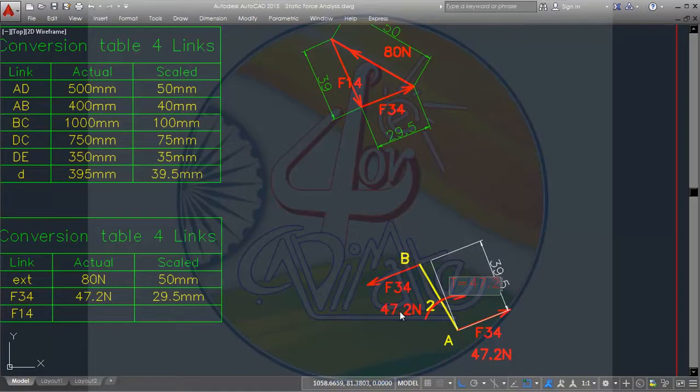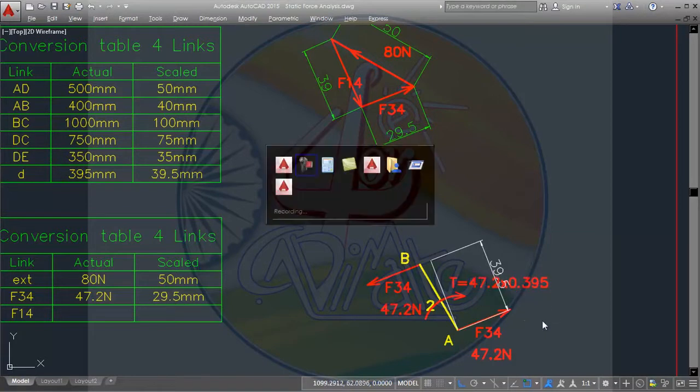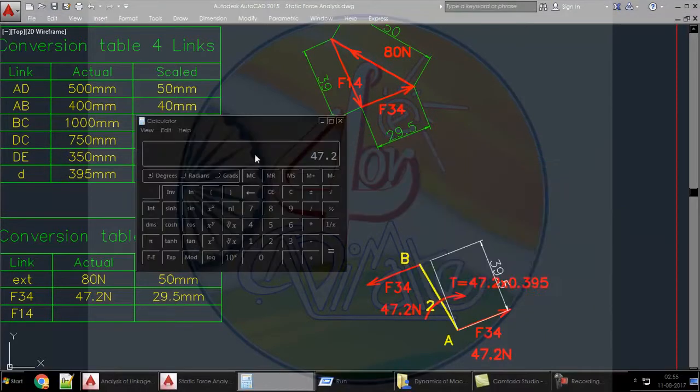47.2 into 0.395. Correct? How much is this? Calculate. What do we get? 47.2 into 0.395 is 18.76.